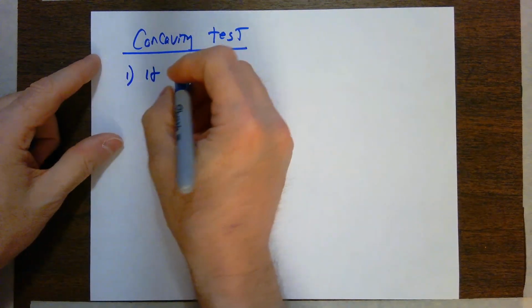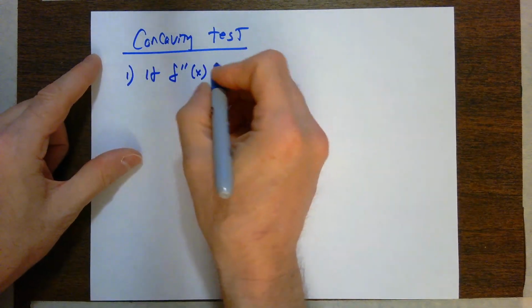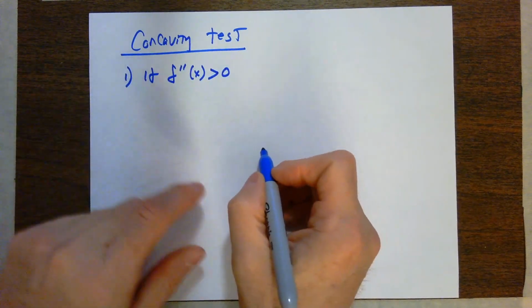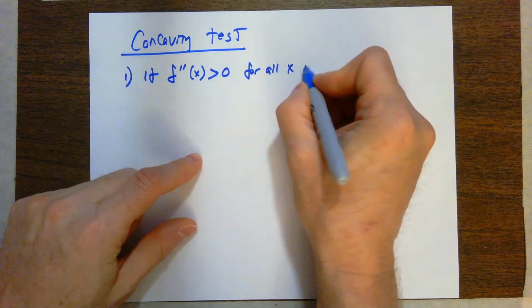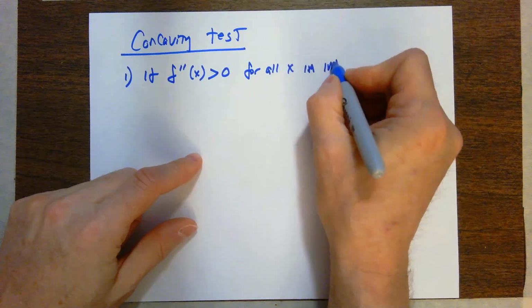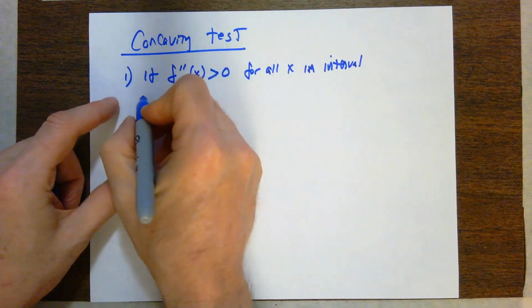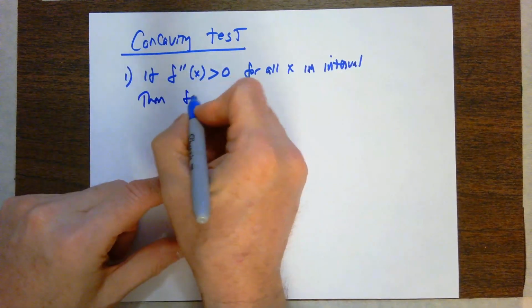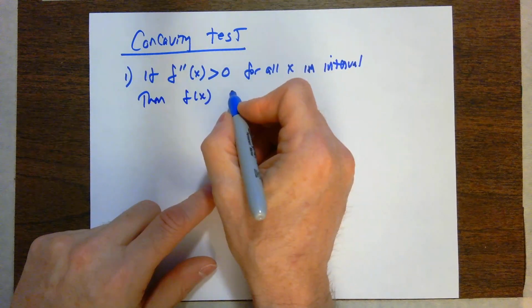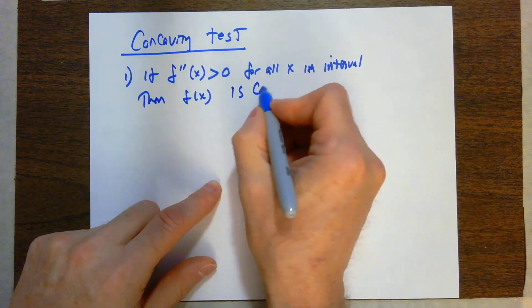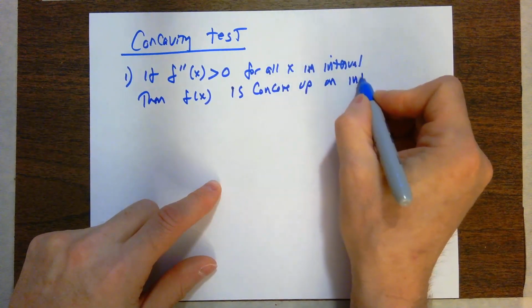First, if the second derivative of the function is positive for all x in some interval, then the original function is going to be concave up on that interval.